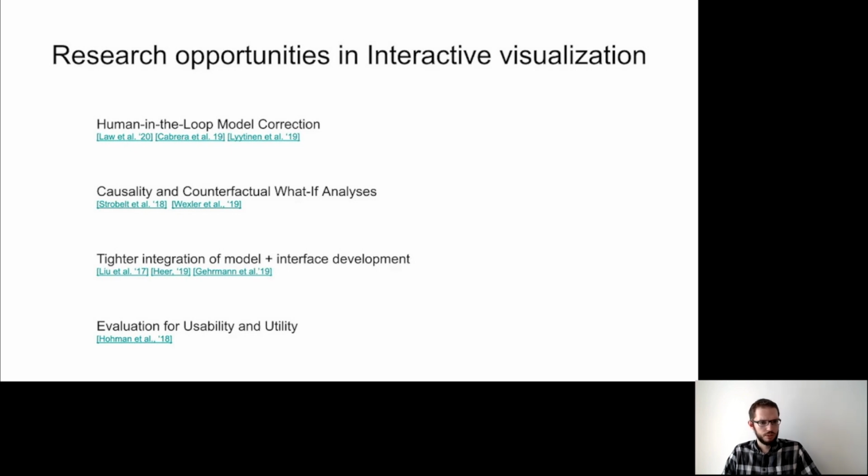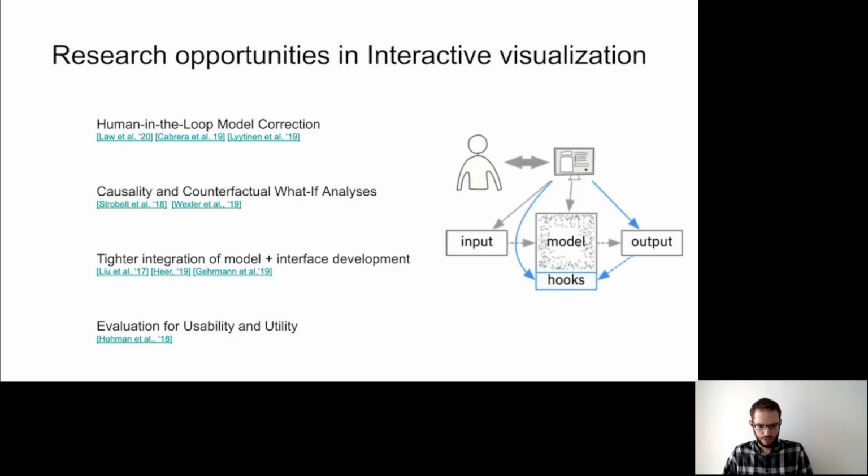Now, coming back to the tight integration of the model and interface development, I want to encourage all of you to think about how the development of models could look in the future if interfaces were defined as follows. Here, instead of interacting with the model directly, we interact with parts of the model that are inherently interpretable. And we can even interact with the output, and the output can then tell us what this intermediate latent variable would have been to achieve the output.